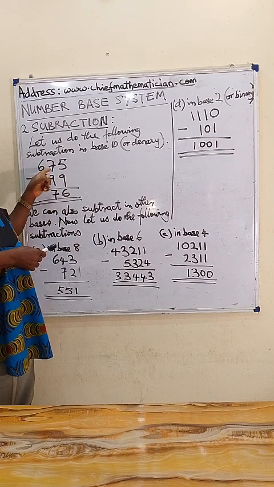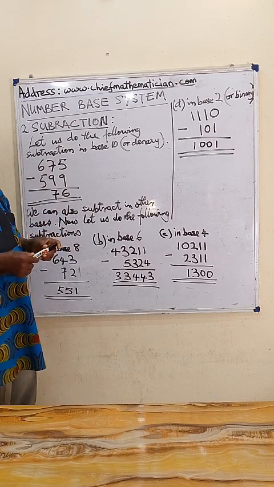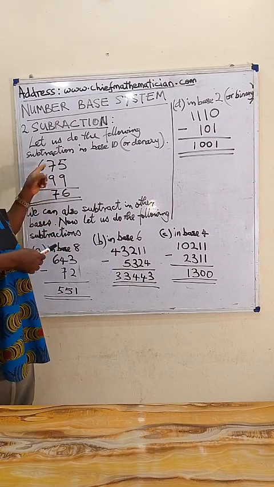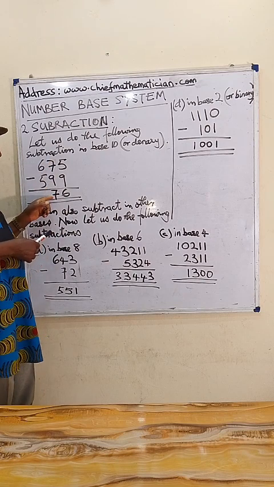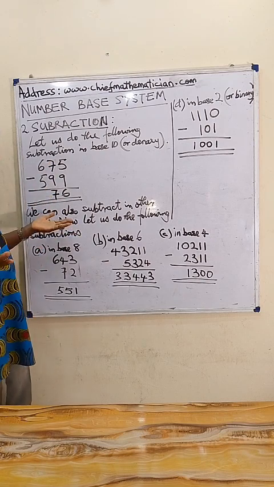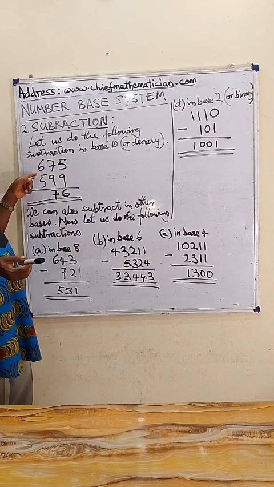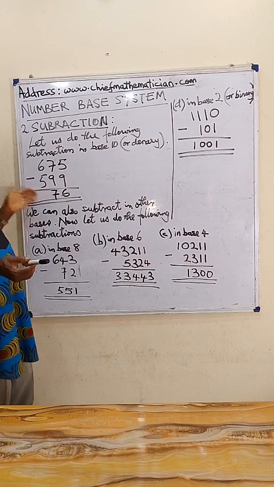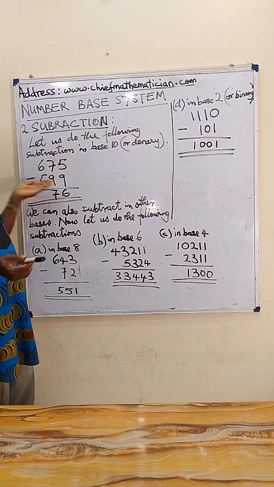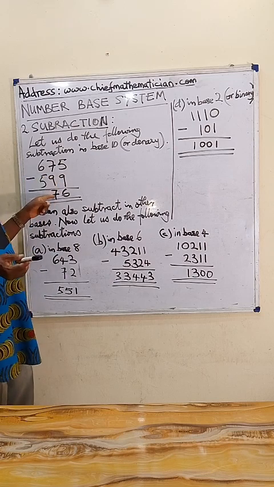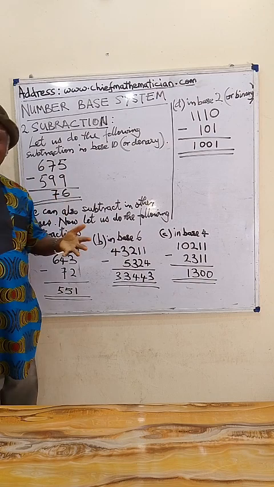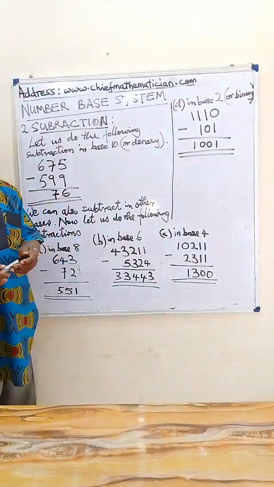So that 10 now plus the 6, you have that there, you get 16. 9 from 16 will give you 7. What is left here is 5 after borrowing 1. 5 from 5, 0. So this subtraction gives you 76. And you have seen how we carried out the subtraction.